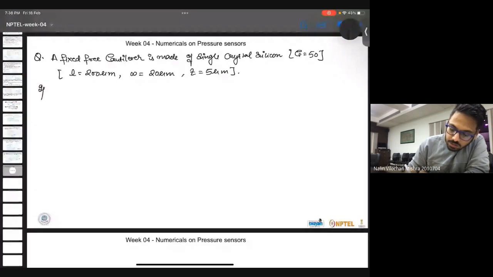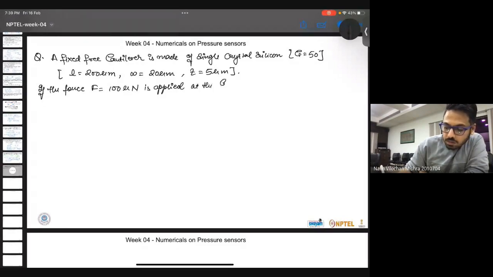Here, if the force F of 100 micronewton is applied at the end of the cantilever in the longitudinal direction.